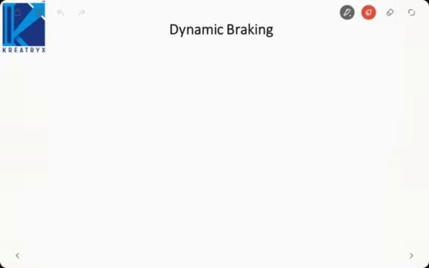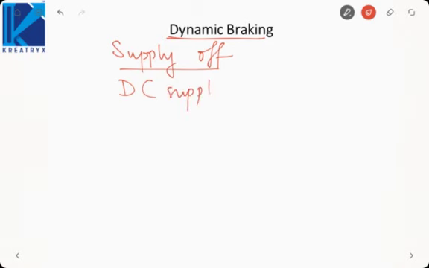The next type of braking is called dynamic braking. Here what we do is, we switch off the supply, and then we connect a DC supply across the stator. What is the function of the DC supply?